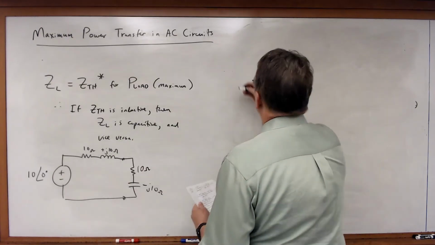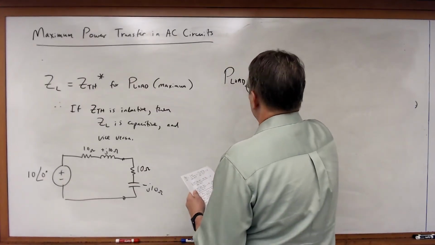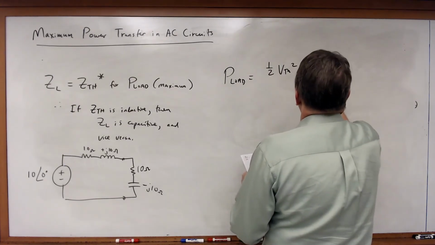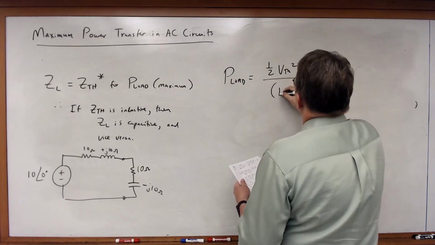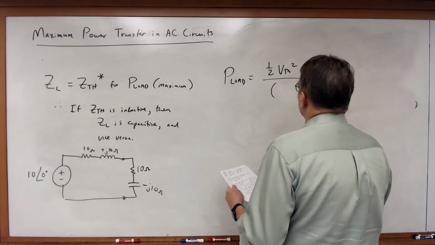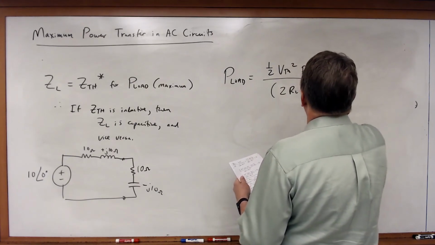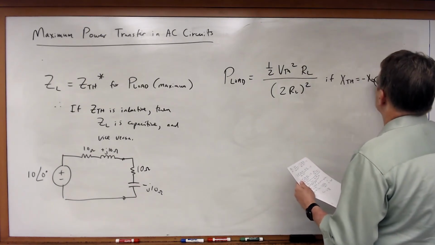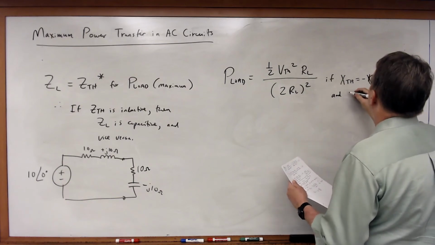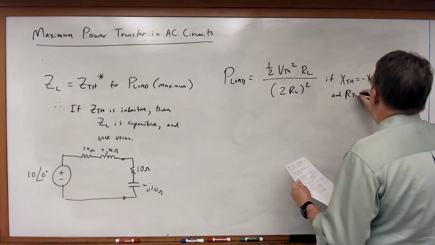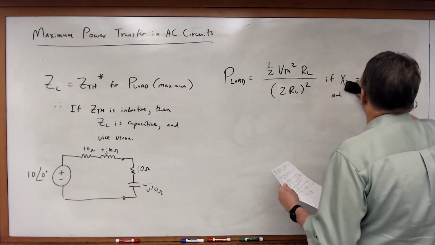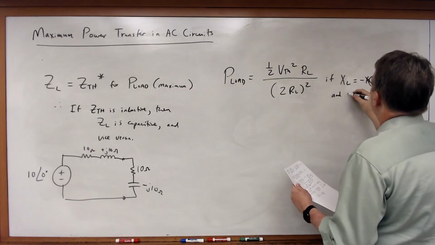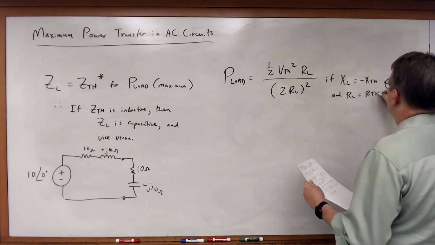Well, as we already saw, P load must be equal to 1/2 VTH times RL over 2 times RL squared, if XL is equal to minus XTH and RL is equal to RTH.